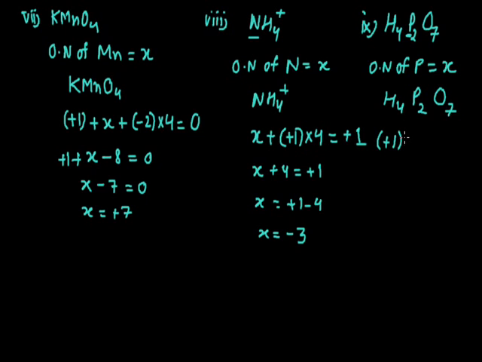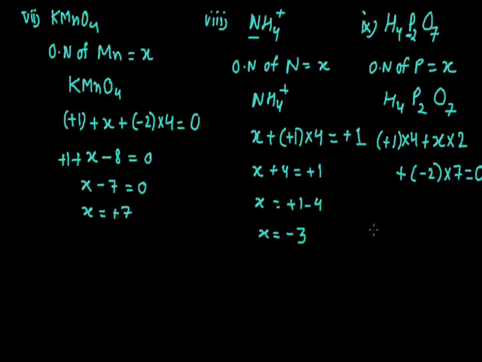Here 4 atoms of hydrogen are present, so we multiply by 4, plus the oxidation number of phosphorus, X. Here 2 atoms of phosphorus are present, so we multiply by 2, plus the oxidation number of oxygen, -2, and here 7 atoms of oxygen are present, so we multiply by 7. It equals 0 because it is a neutral molecule.